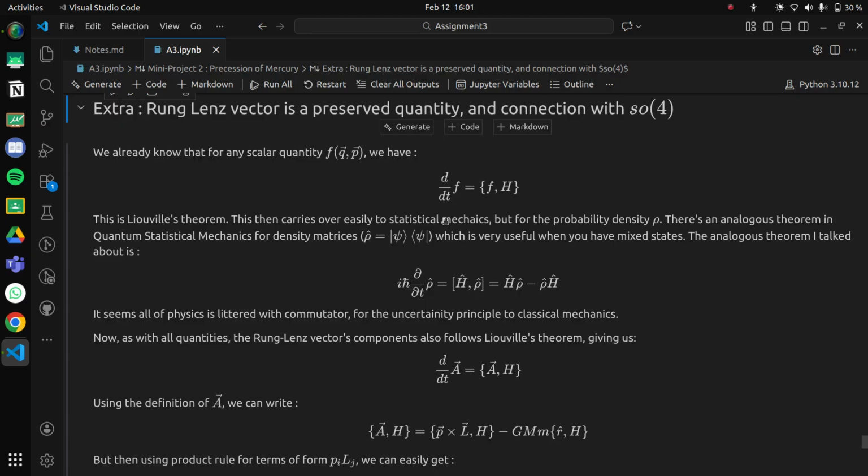Anyway, we think of the functions made using the components, the entries of the angular momentum and the Runge-Lenz vector, as the elements of the group, right? So what are you allowed to do with these things? You are allowed to add, you are allowed to subtract, you are allowed to take a Lie bracket.